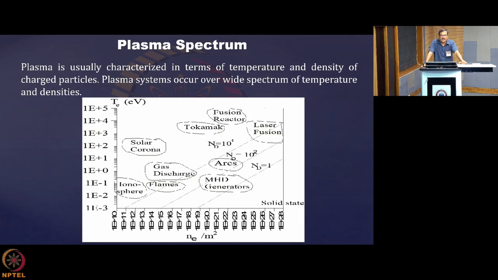Similarly, in the ionosphere, you can see that the density of plasma is very low, and at the same time the electron temperature is also very low.